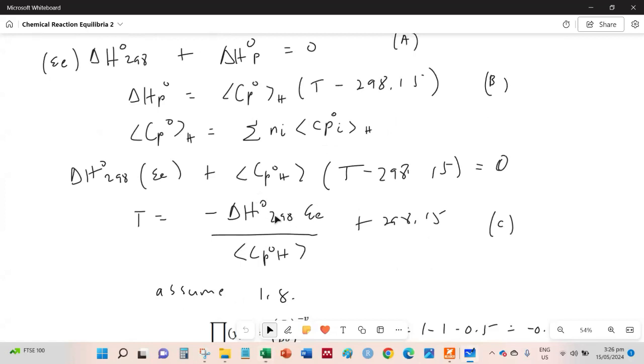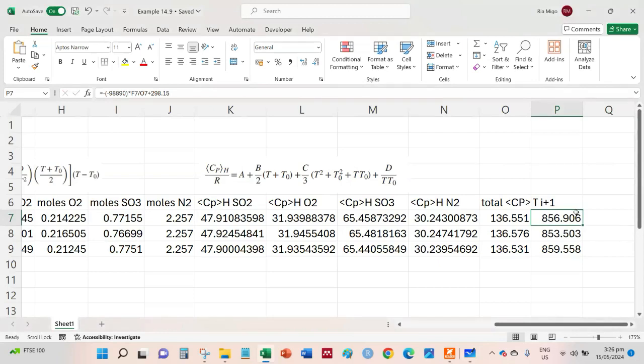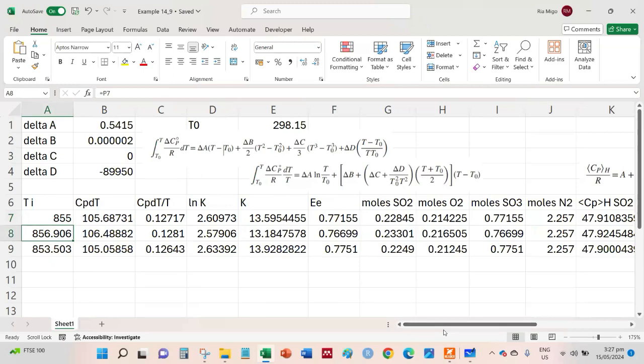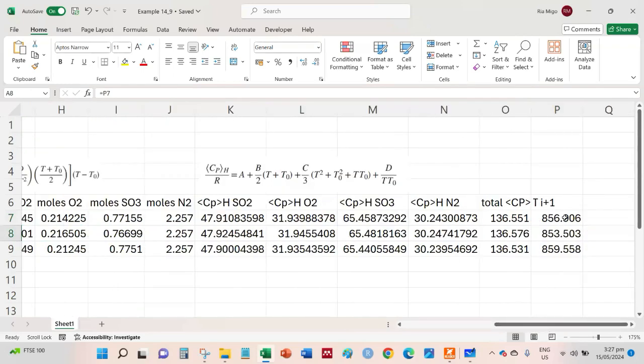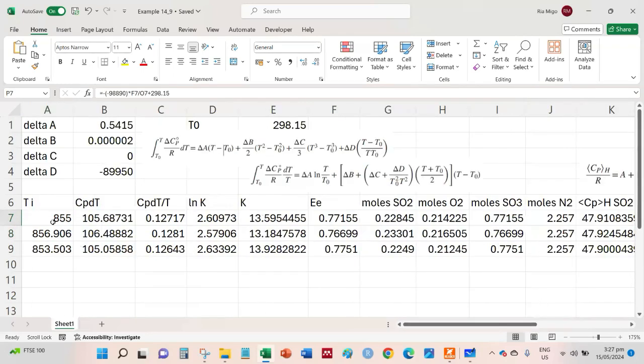So I hope you were able to follow that. So that's the last column of the iteration. Then you begin again. You equate that to the next row, and you solve again for CPD.